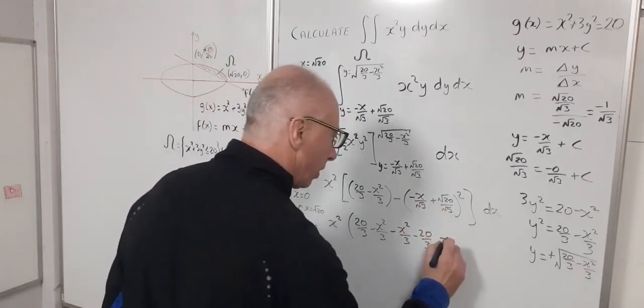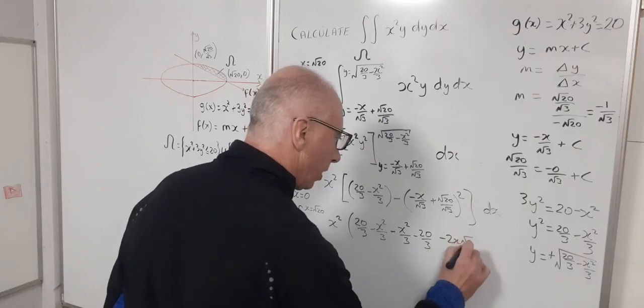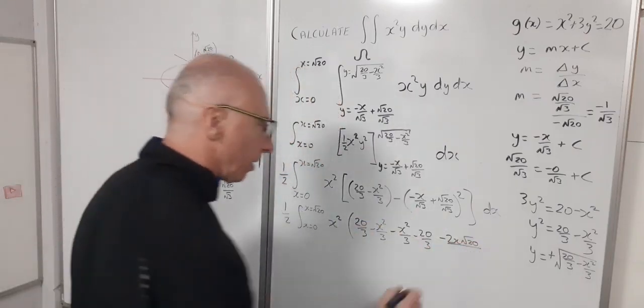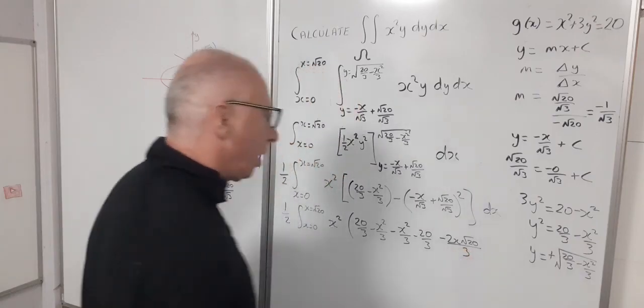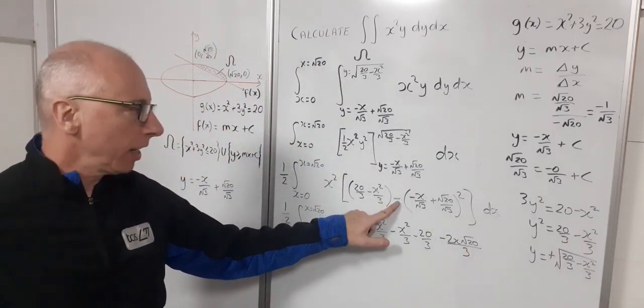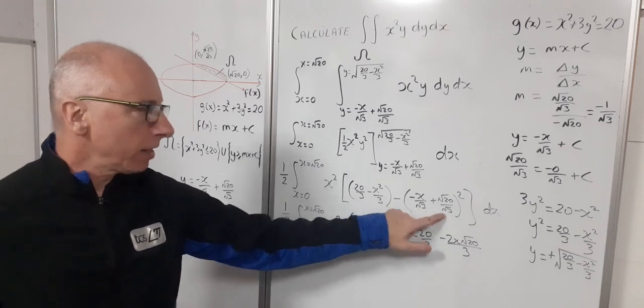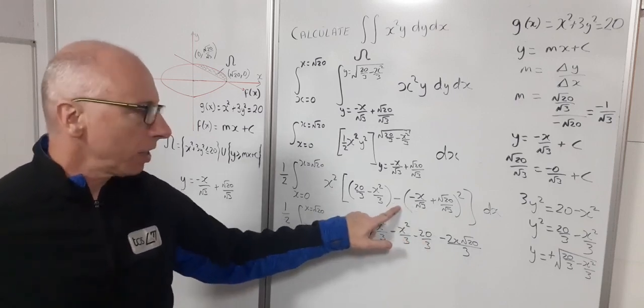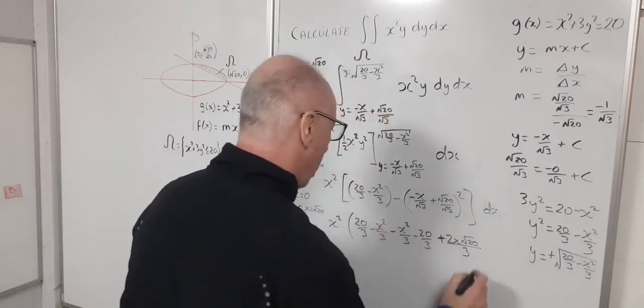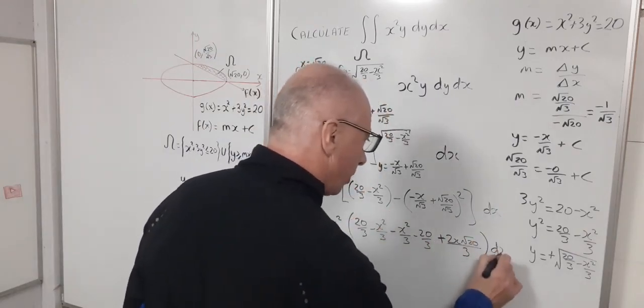So that's going to give me minus 2x root 20. And multiply root 3 with root 3, I'll just get 3. Okay, now just be careful here. I've got another minus sign here. So if I multiply those two together inside, I'll get a minus. But then I've got this minus here. So that's going to make everything a plus. Okay, and then that's all with regards to x.